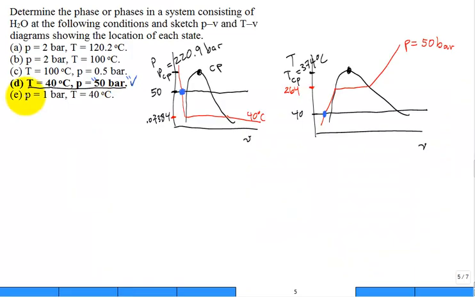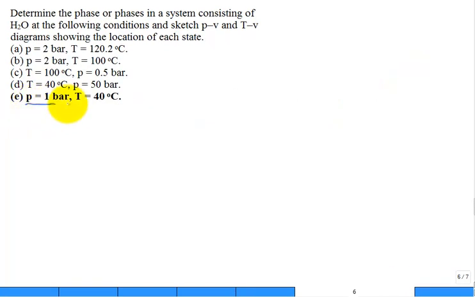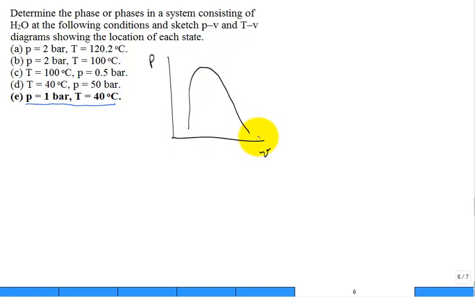And the last one, we have, let me just go to a clean slide, 1 bar and 40 degrees C. So on a PV diagram, put their dome. All right, I'm getting worse at these domes, aren't I? Temperature volume diagram, and we can look at maybe 1 bar right here, 1 bar. All right, and we can think about a line of constant temperature.